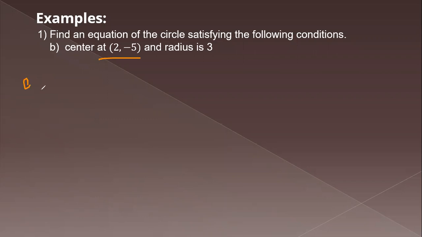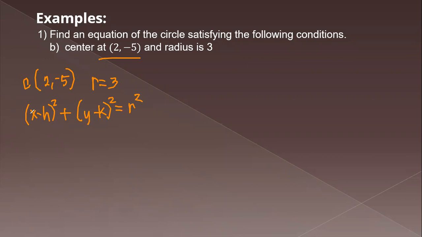So if the center is 2, negative 5, and the radius is equal to 3 units, we can use the center radius form, x minus h squared plus y minus k squared equals r squared. Plug into our equation, since this is our h and this is our k.